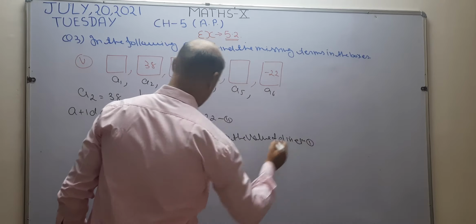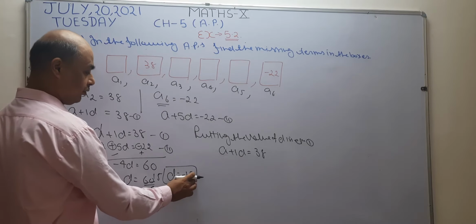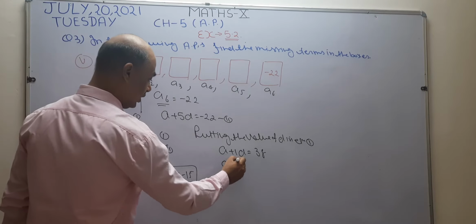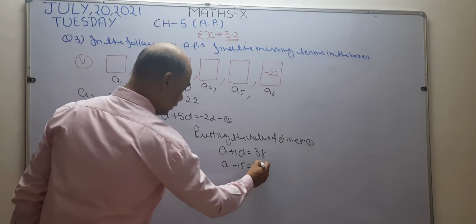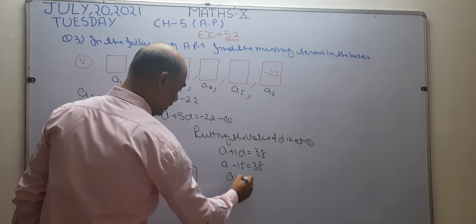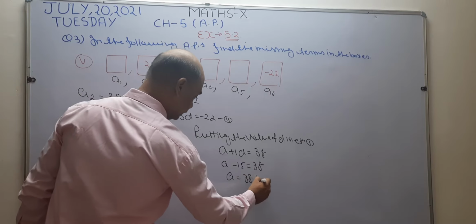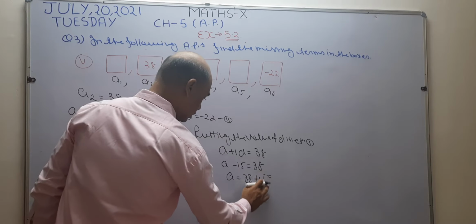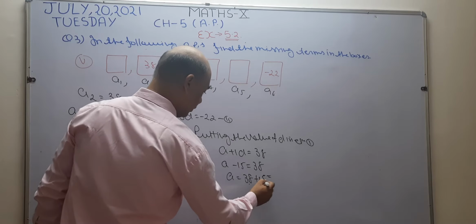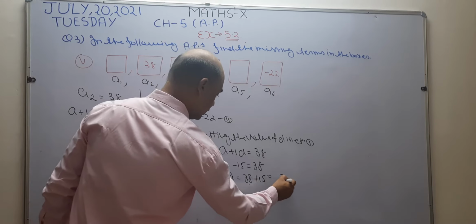Equation number 1 is A plus 1D equal to 38. The value of D is given as minus 15, so instead of D, I write minus 15. I take minus 15 from left to right, so this negative number becomes positive. 38 plus 15 is 53. So the value of A becomes 53.